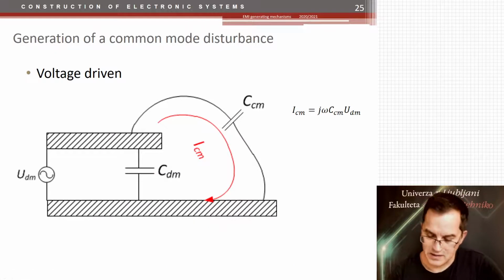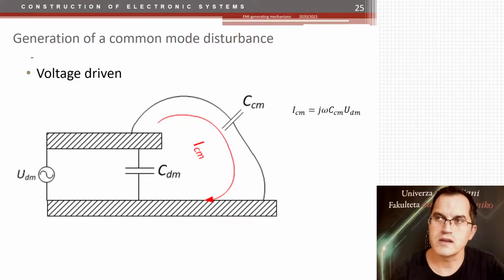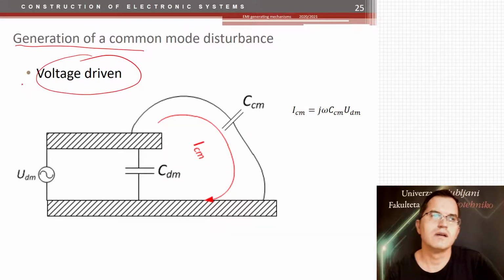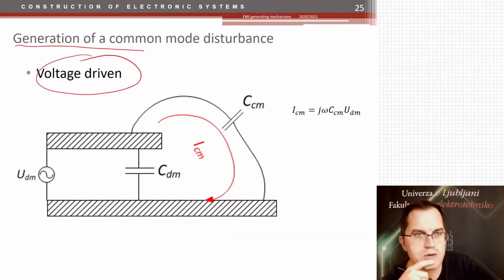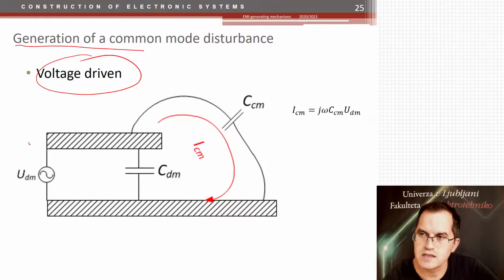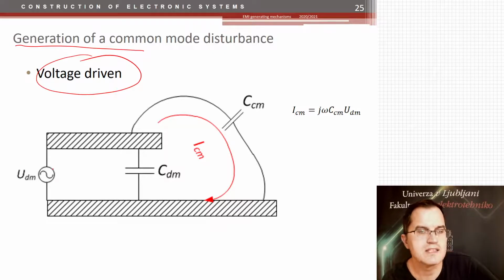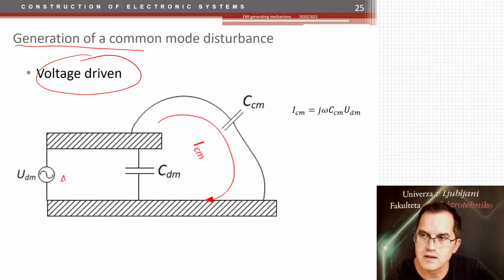Another way of generating common mode noise is a voltage-driven common mode noise source. This is much simpler than the first one, because it contains just a single voltage generator, and this is a differential voltage generator, which could be something that changes voltage very fast in time.